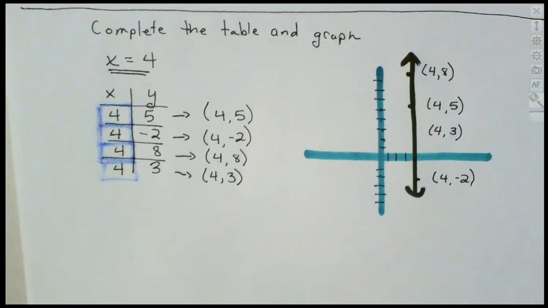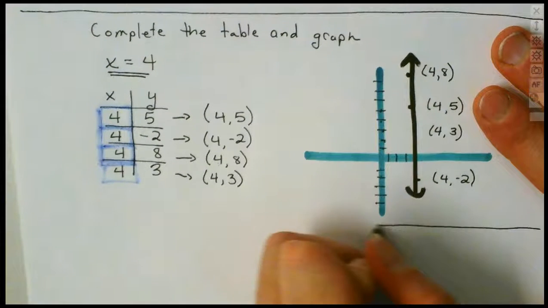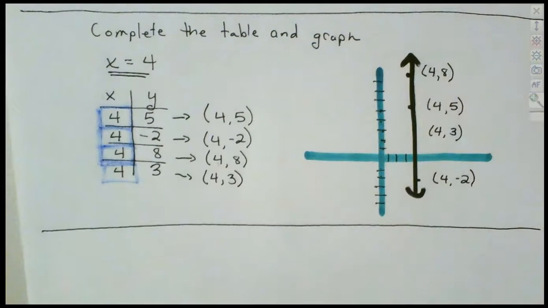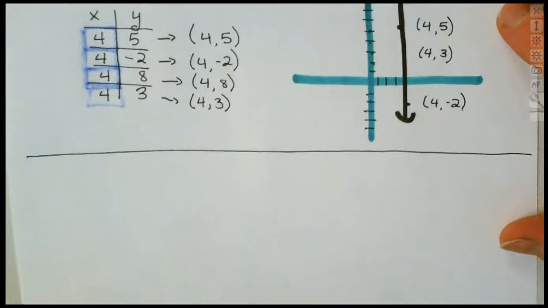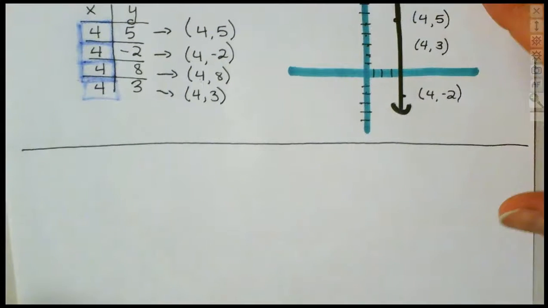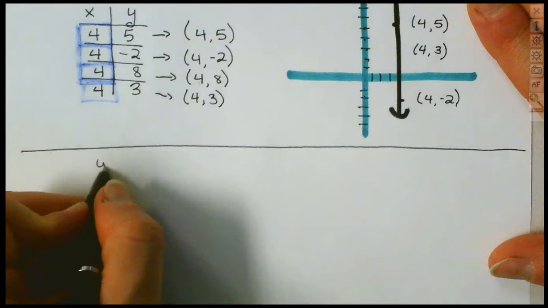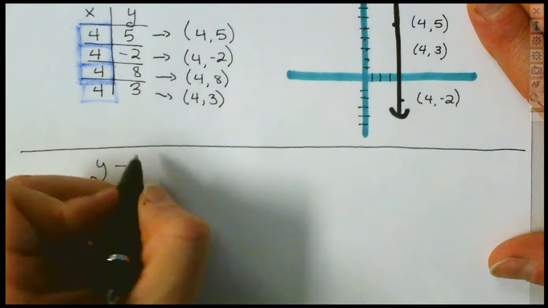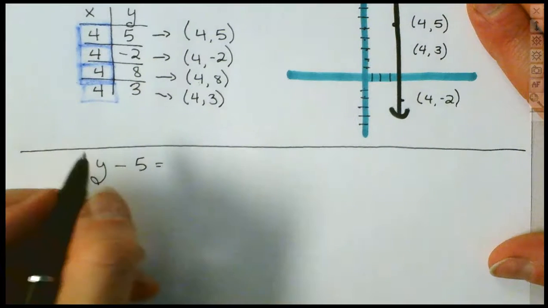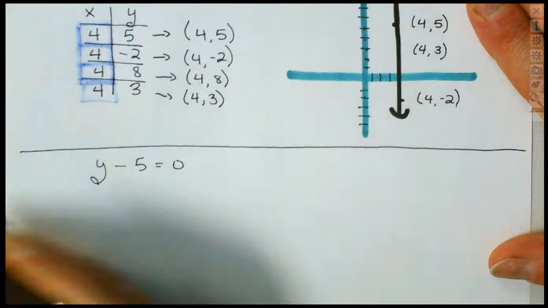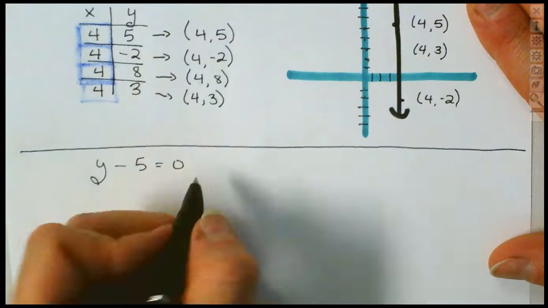Let's look at one more of these, and then we'll move on to the next section. 3.1 is a very, very short section. I think you'll find Chapter 3 is going to move a lot faster than Chapter 2. So let's look at one more of these. And again, we're going to complete the table and graph.